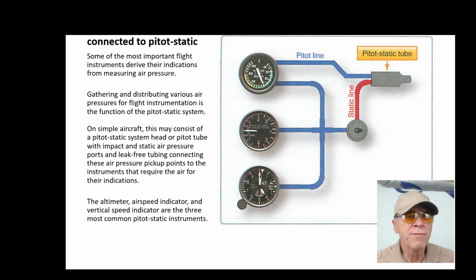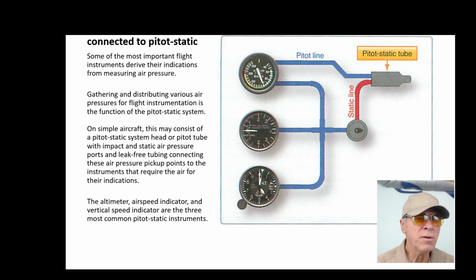On simple aircraft, this may consist of a pitot system head or pitot tube with impact and static air pressure ports and leak-free tubing connecting these air pressure pickup points to the instruments that require the air for their indications. So this pitot line, the blue line, would be the leak-free tubing, so they can carry the pressure directly to the instrument.